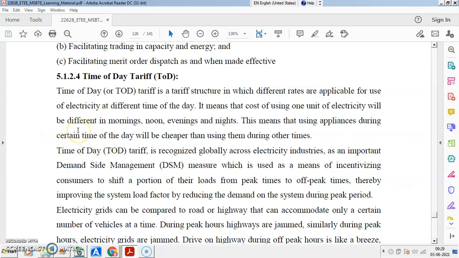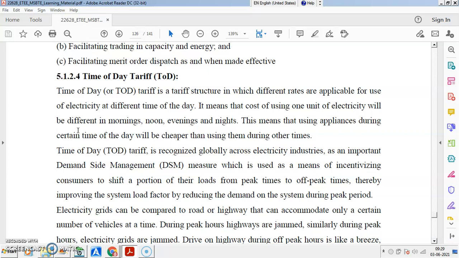Last time we were discussing the time of day tariff, TOD. Time of day tariff is the tariff structure in which different rates are applicable for the use of electricity at different times of the day. It means that the cost of using 1 unit of electricity is different in the morning, in the afternoon, in the evening and at night.